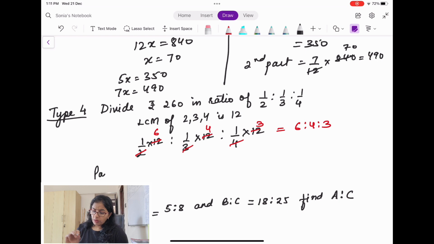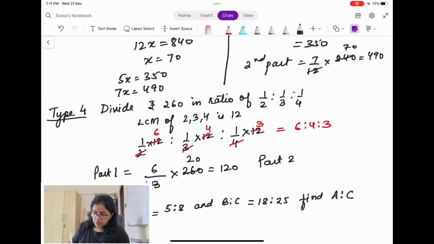Now, once we have the ratio, what do we do? We have to divide 260 into these three parts. Part 1 will be 6 upon 13 into 260, cancelling, 120.